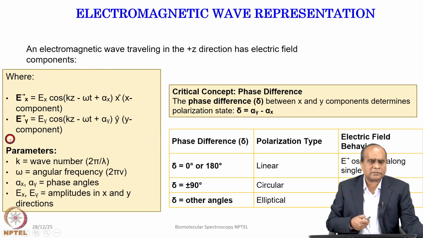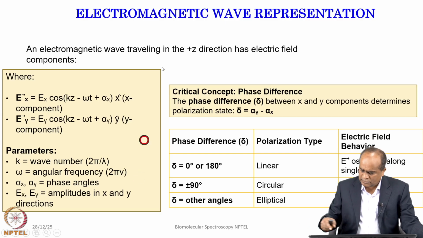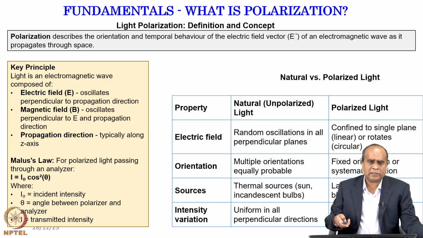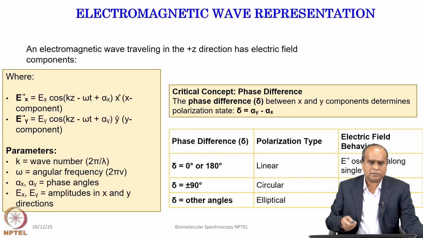Here are the parameters: the wave number, that is 2 pi by lambda, the angular frequency, which is omega, and phase angles alpha and beta, and E x and E y are the amplitudes. This is the way we are trying to write it mathematically, that we discussed, the wave E x and E y, something like that, right.